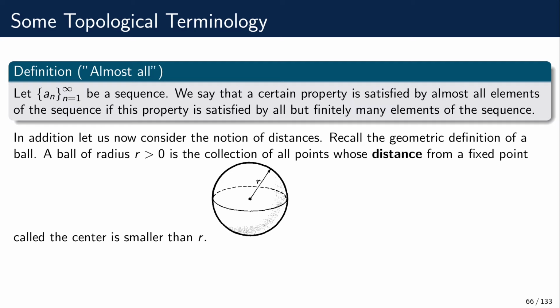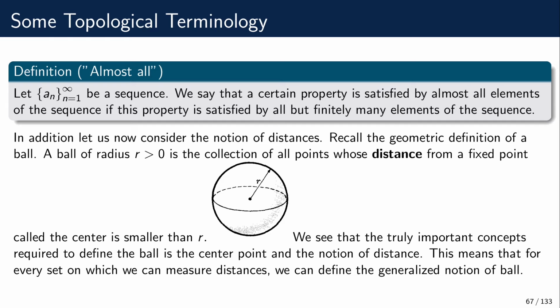In any space where we can measure distances, we can define this general notion of a ball by saying, given a center point, we can now look at all the points whose distance to this point is smaller than this radius. This will be called an open ball. And this is super important, and we will see why in terms of convergence.